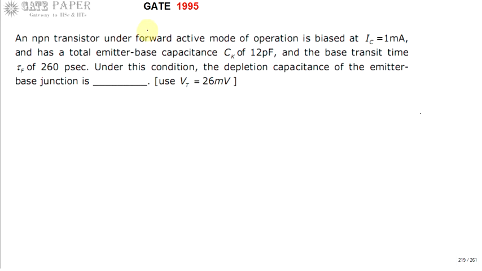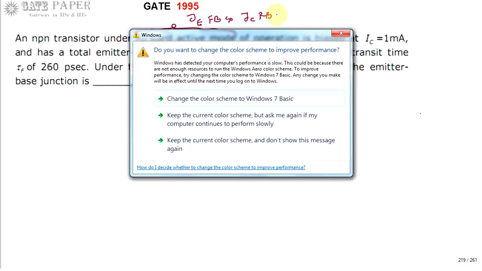So based on how they are biased, the transistor can operate in different regions, and one of them is the forward active mode, where emitter base junction JE is forward biased and collector base junction JC is reverse biased. Every junction is simply a PN junction.